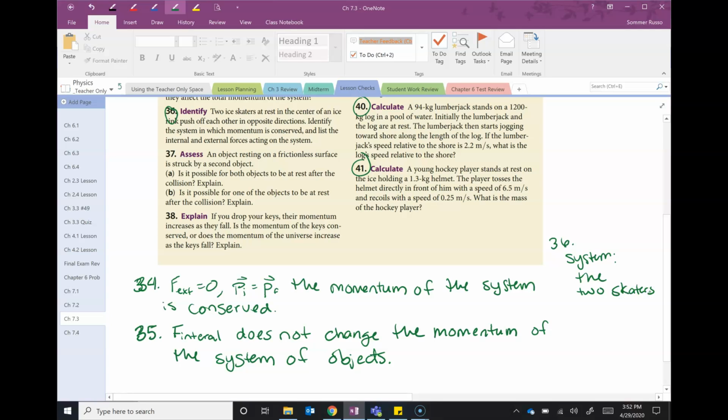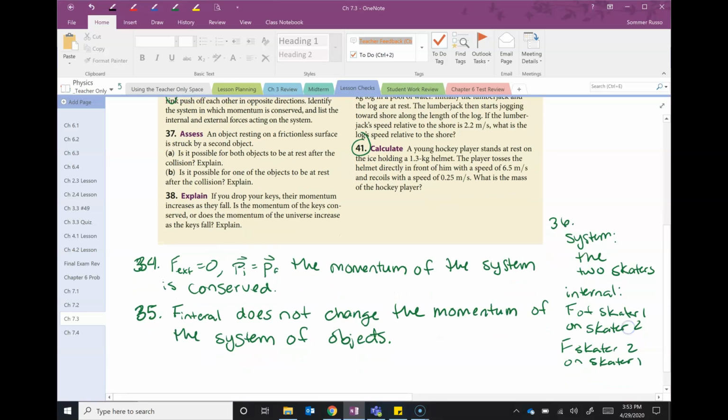Internal forces: force of skater 1 on skater 2, and force of skater 2 on skater 1.